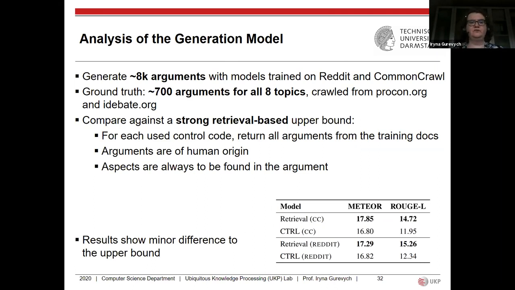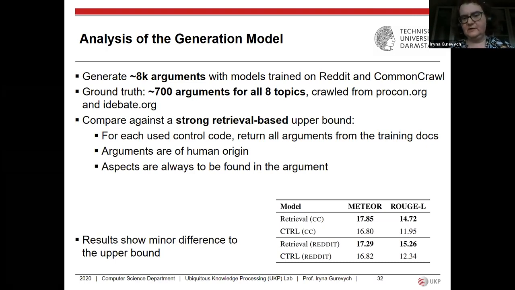The retrieval approach retrieves arguments from the training document for all control codes used at training. And of course, the retrieval approach has 2 advantages. First, all retrieved arguments are human-made, while our generation model-based arguments are not human-made. And second, all aspects used in the control code are certainly to be found in the argument in the retrieval-based mode, while this is not necessarily the case for the generated arguments.